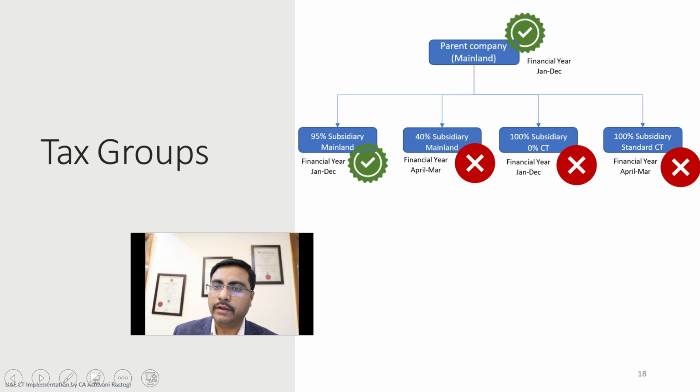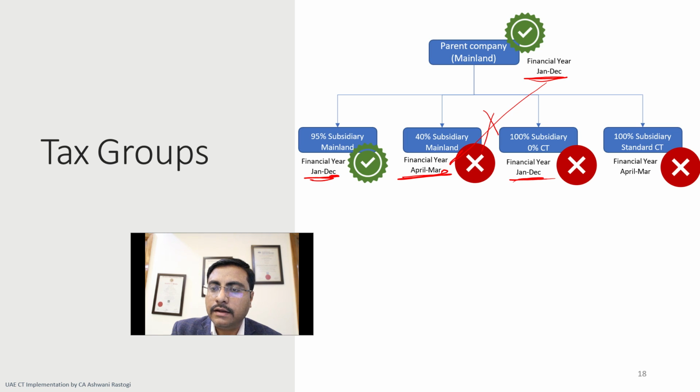As I discussed, the financial year should be the same. If your parent company's financial year is January to December, but your subsidiary's is April to March, since the financial year differs, this is not part of the tax group.